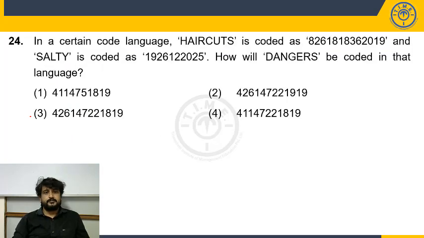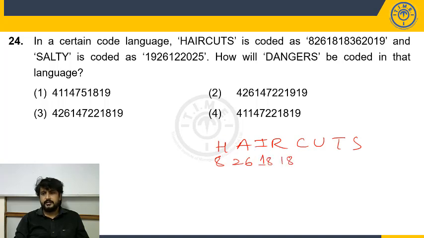Next. In a certain code language, haircuts. What is the logic for haircuts? Let's see. What is the code given for haircuts? 8, 26, 1, 18, R is also 18, C is 3, U 6, T 20, S 19.